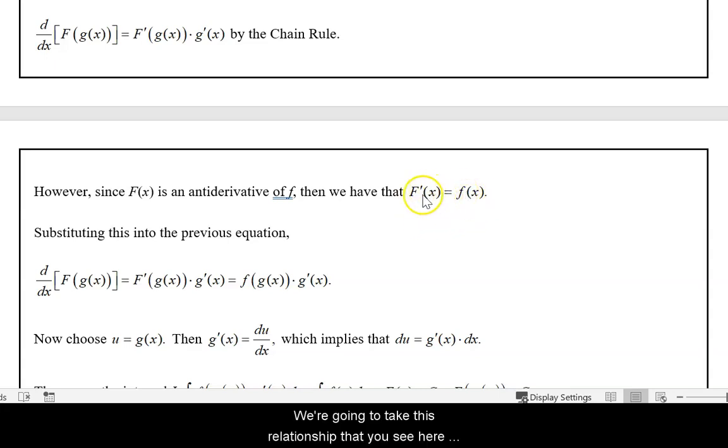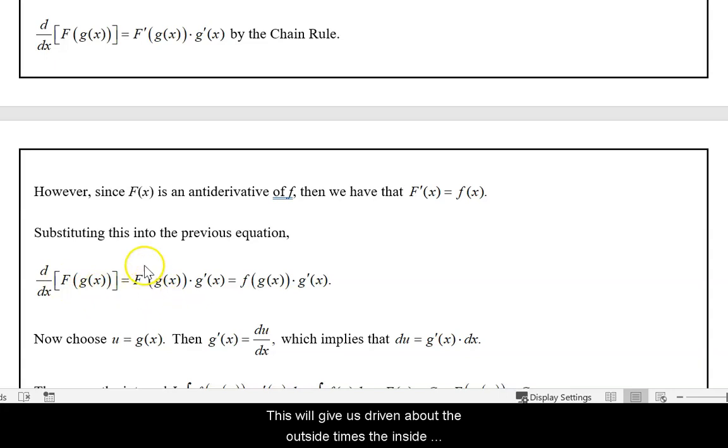We're going to take this relationship that you see here at the end of the first line and plug it into this relation you see at the top. We rewrite what was at the top, taking the derivative of the composition of the antiderivative function, uppercase F, with g of x plugged inside.